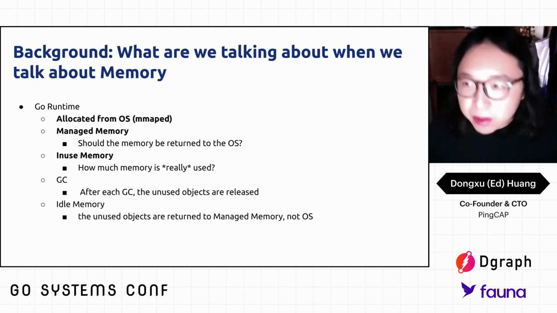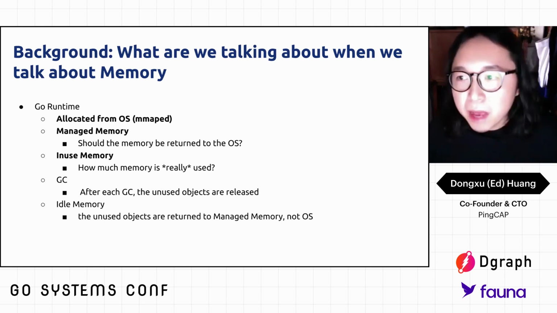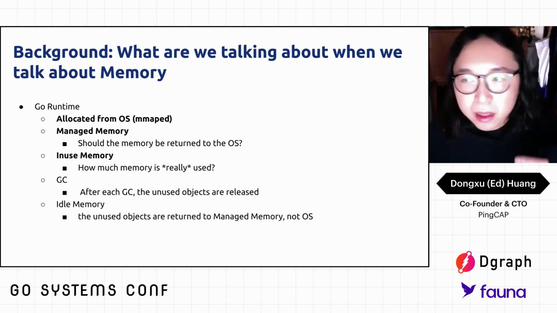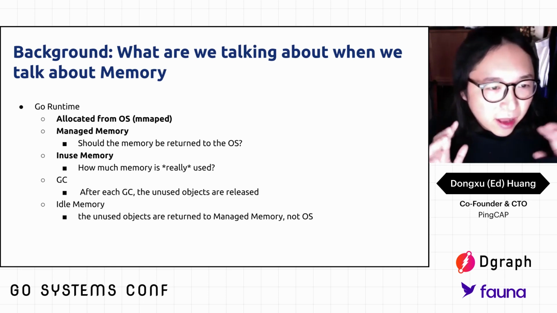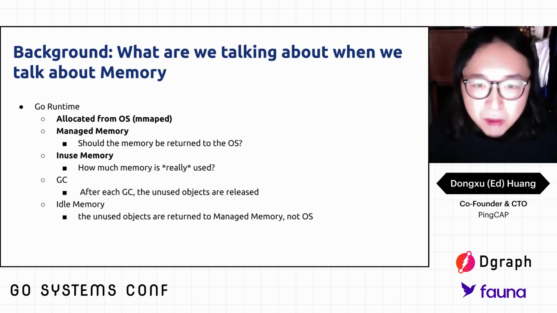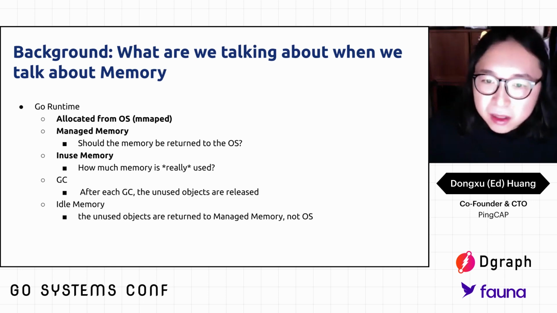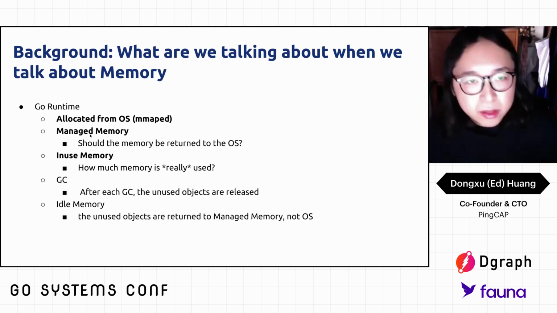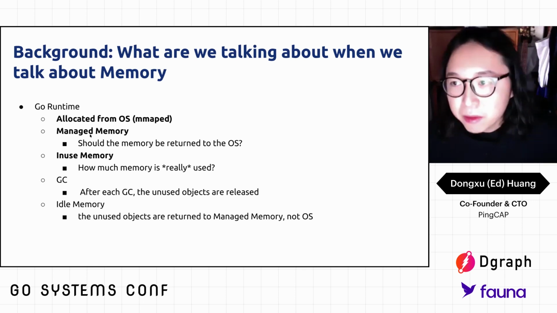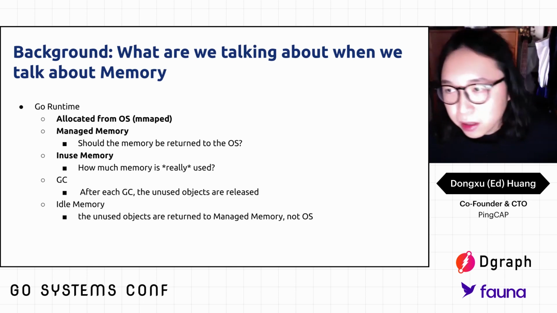So even though in your application you release the memory, and it is not used anymore, the memory is still held by Go's runtime, and it is not returned to the OS immediately. So sometimes you see, hey, I'm not using this memory anymore, but it is not returned to the system. It's still held by the Go runtime.